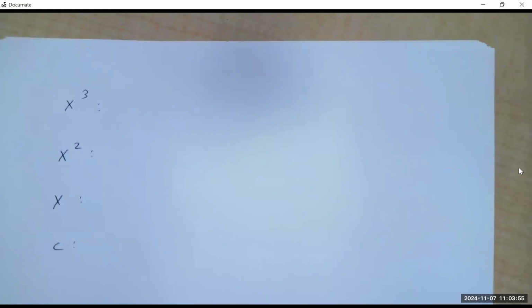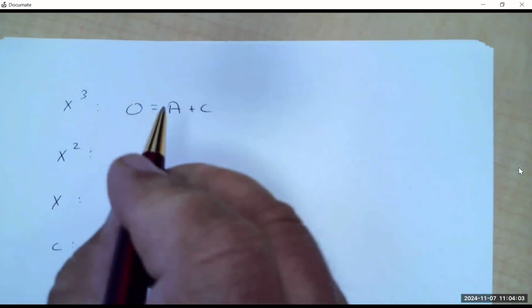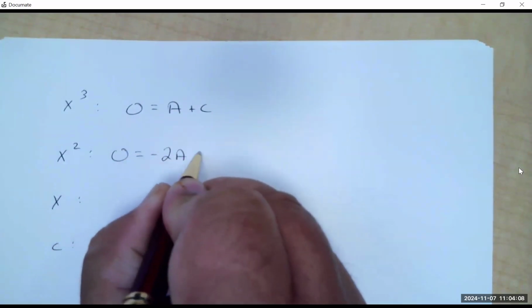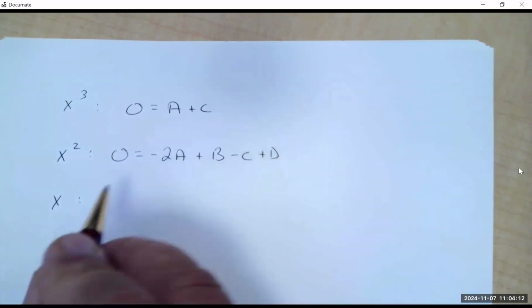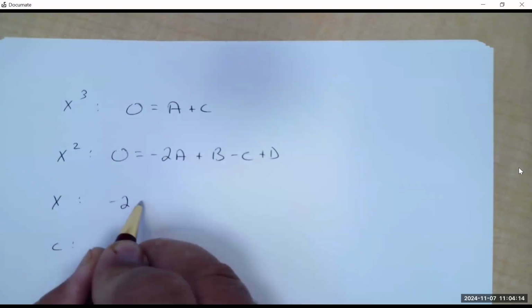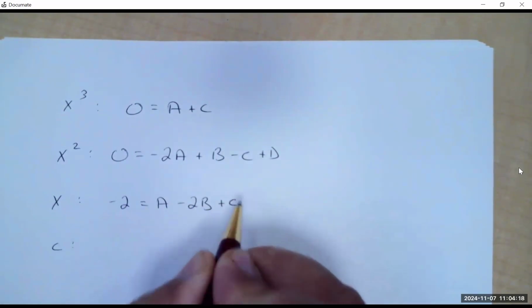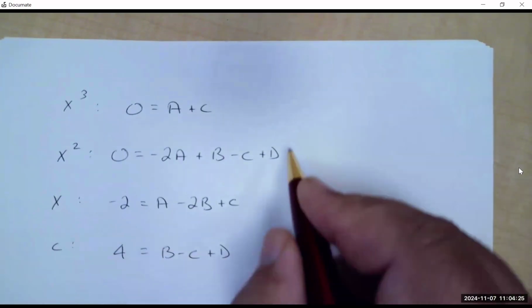Throw all that stuff away there. So we have 0 equals A plus C. 0 equals negative 2A plus B minus C plus D. Negative 2A minus 2B. And 4 equals B minus C plus D.